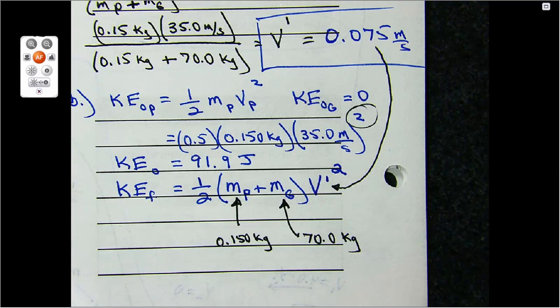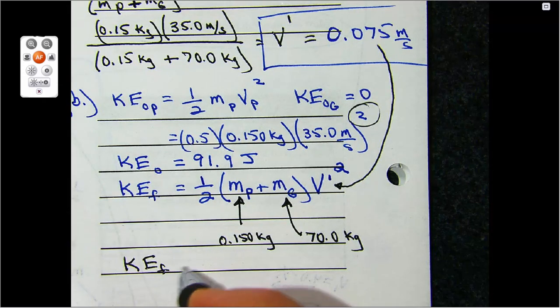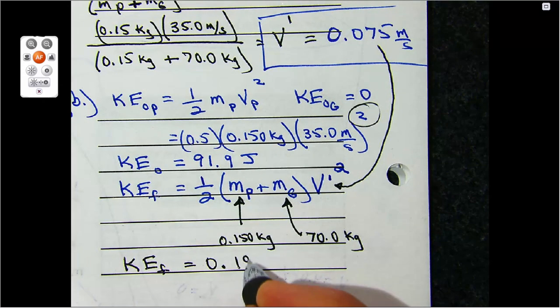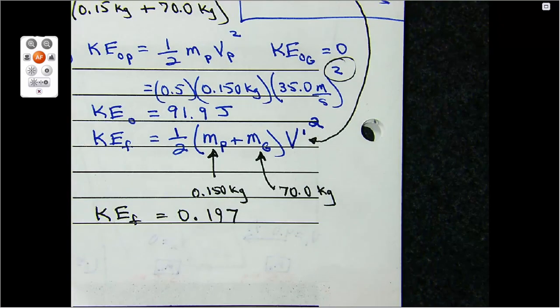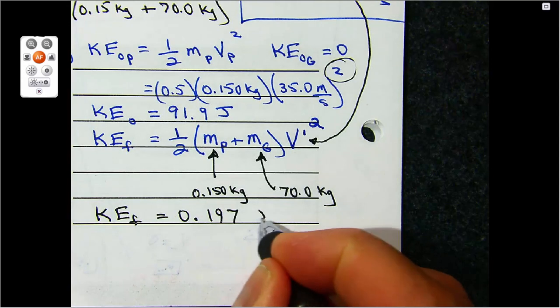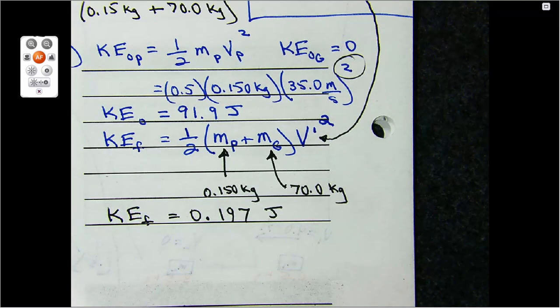Now, what do those calculators give you? 0.197 joules. That's what you got. 0.197.